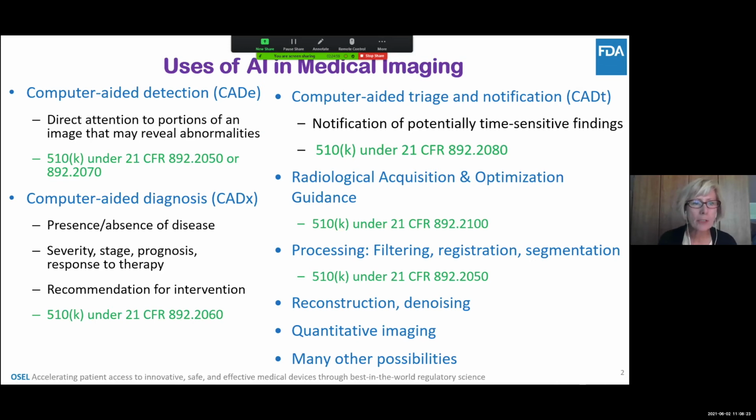Starting in the upper left, we've been in the business of putting CAD devices, CADe devices on the market for a very long time, right? Since the late 1990s.